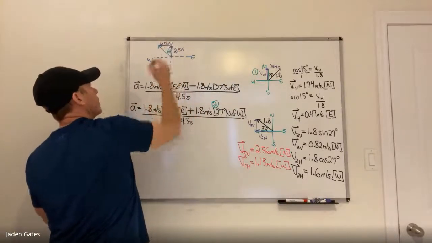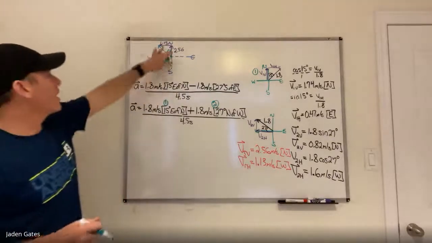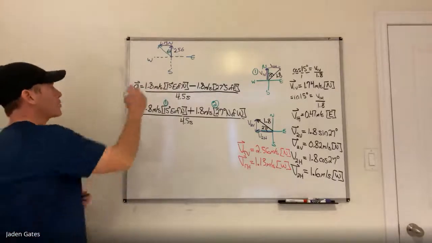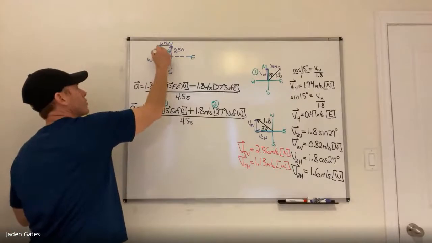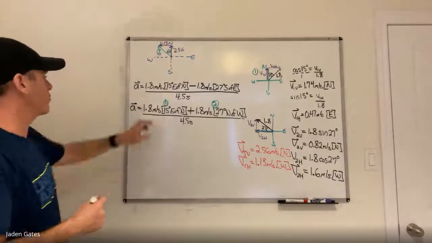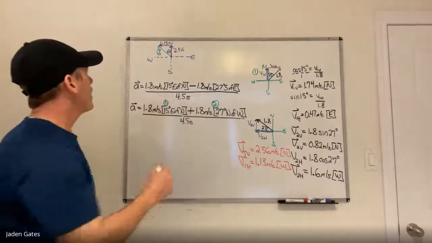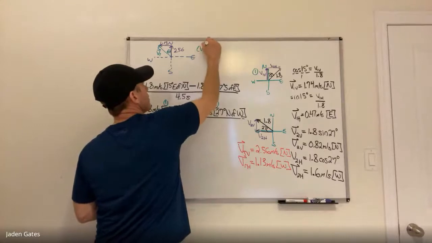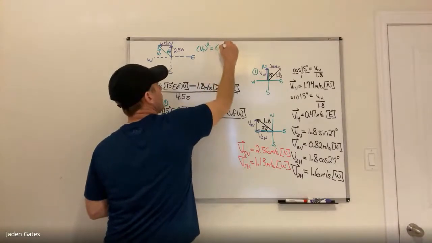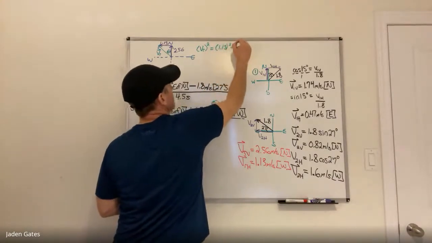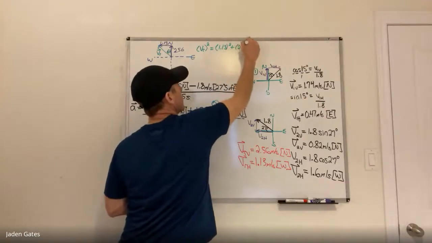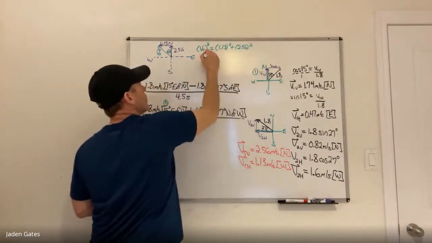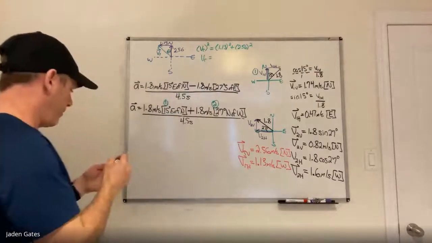And we're going to need that angle as well. All right, so again, I'm going to use the cosine law, or not the cosine law, sorry, the Pythagorean theorem. So there's my VR there, my resultant vector, putting these two guys together. All right, so the magnitude of VR, size of it, I'm going to take 1.13 squared plus 2.56 squared. All right, so I'll use the Pythagorean theorem there.